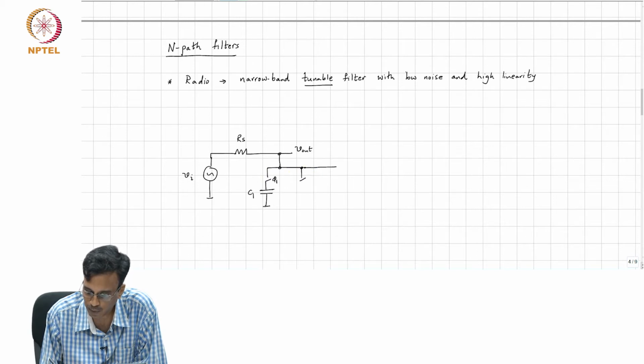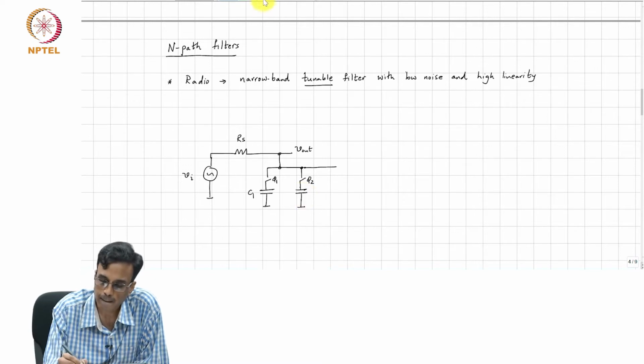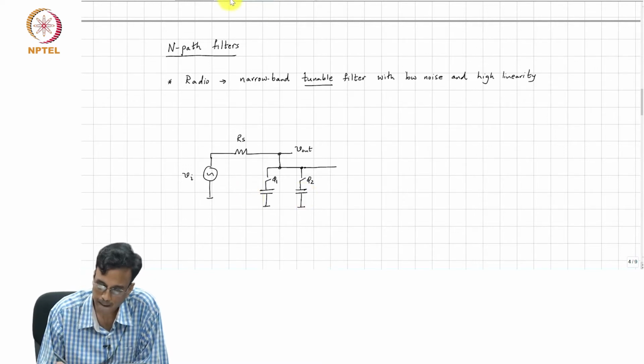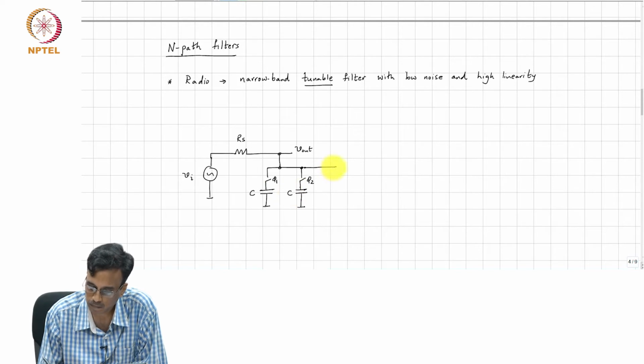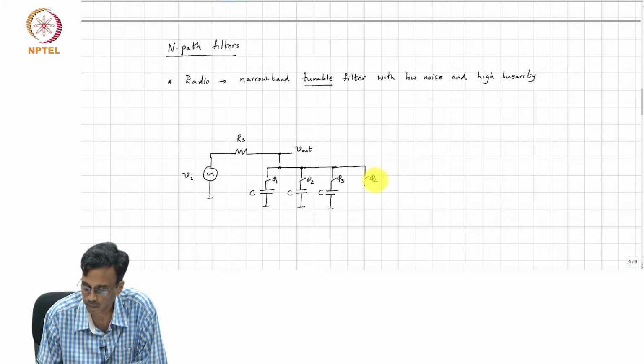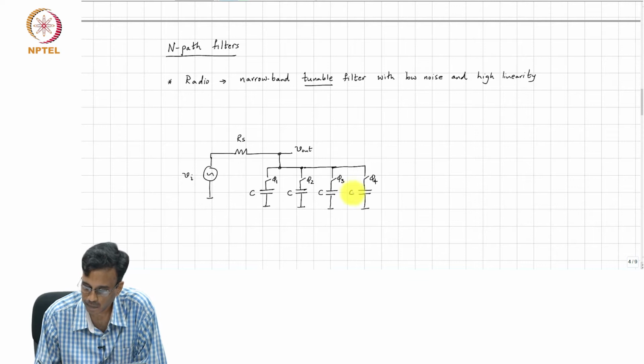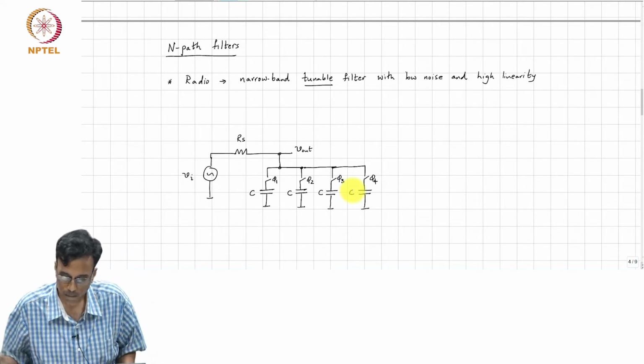But here is an example of a band pass filter. I am going to take a 4-path example today. Okay. And what would you do?